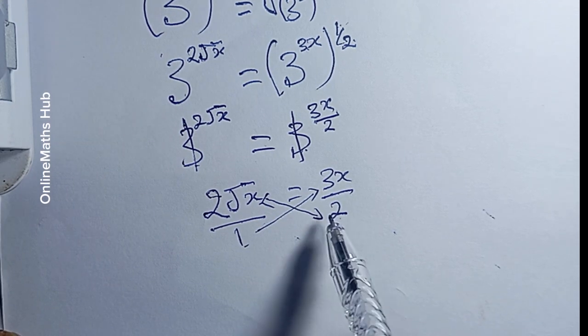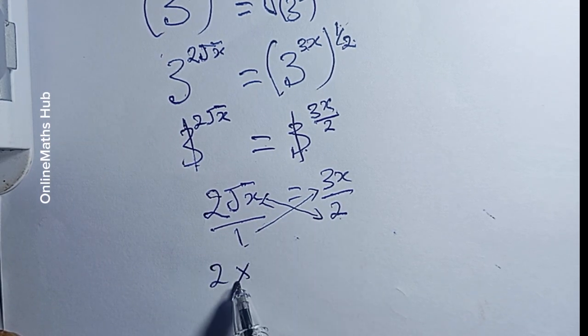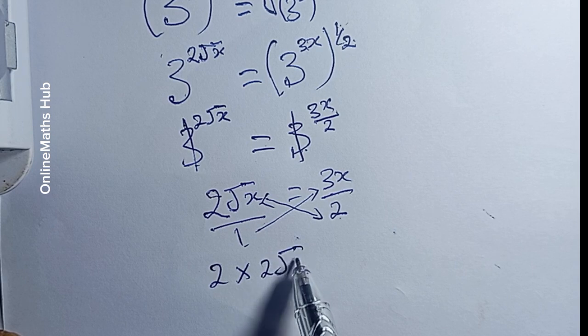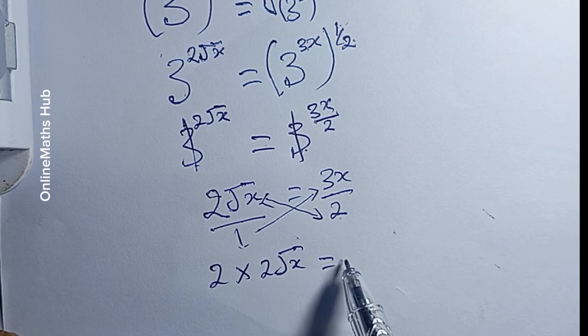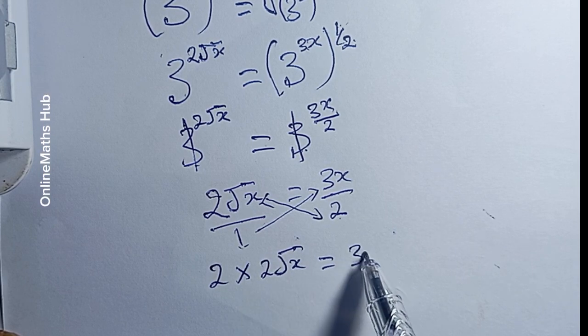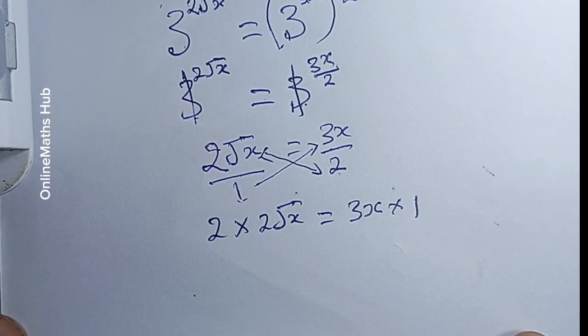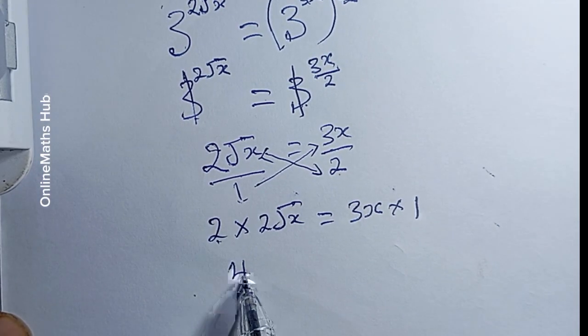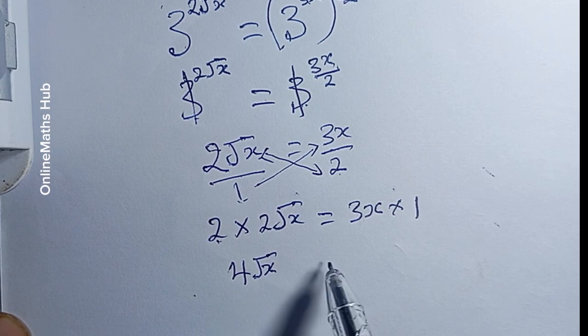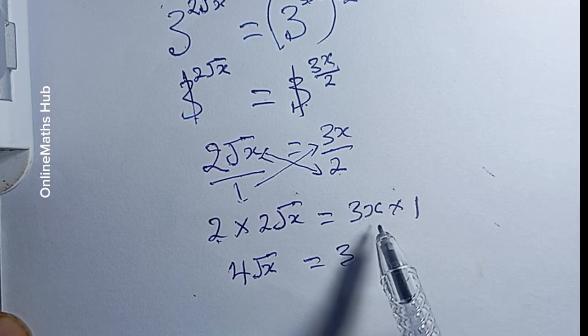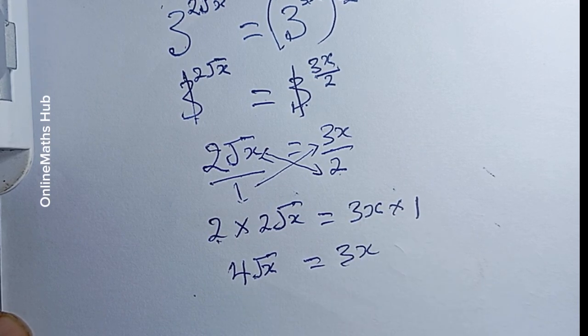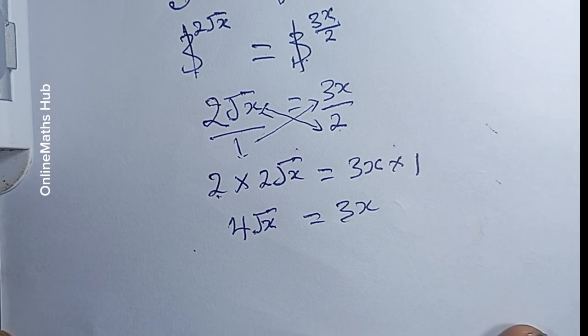If I do that, I'm going to be having 2 times 2 root x is equal to 3x times 1. So 2 times 2 here is 4 root x, is equal to 3x.